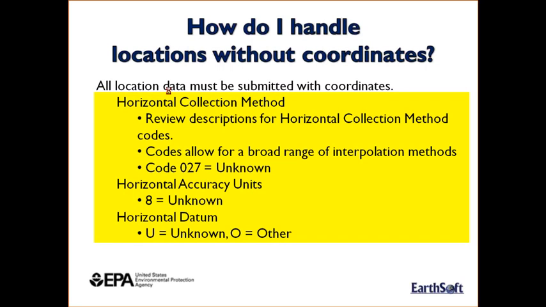What I would say as far as the horizontal collection methods, look in that reference document, the reference value file, and it lists all the ways that you can identify how you picked those coordinates. And they do give you quite a variety of options. So there basically should be no excuse to not have coordinates, even if it's just the center of the facility.